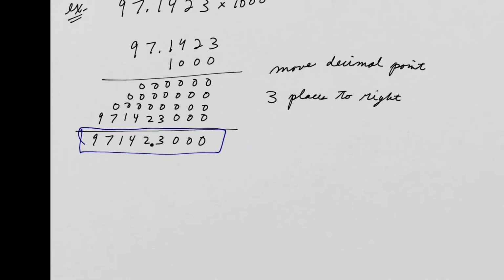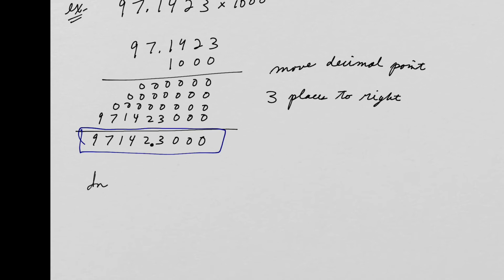Okay, so in general, if you're multiplying by a power of 10 that's greater than 1, 10, 100, 1,000, 10,000, and so on, then you're going to move the same number of places that the power has zeros.